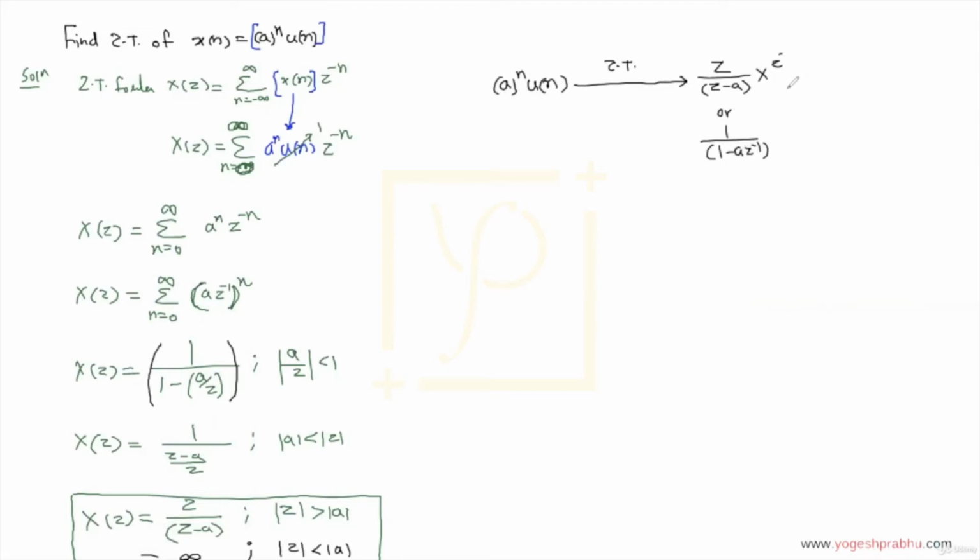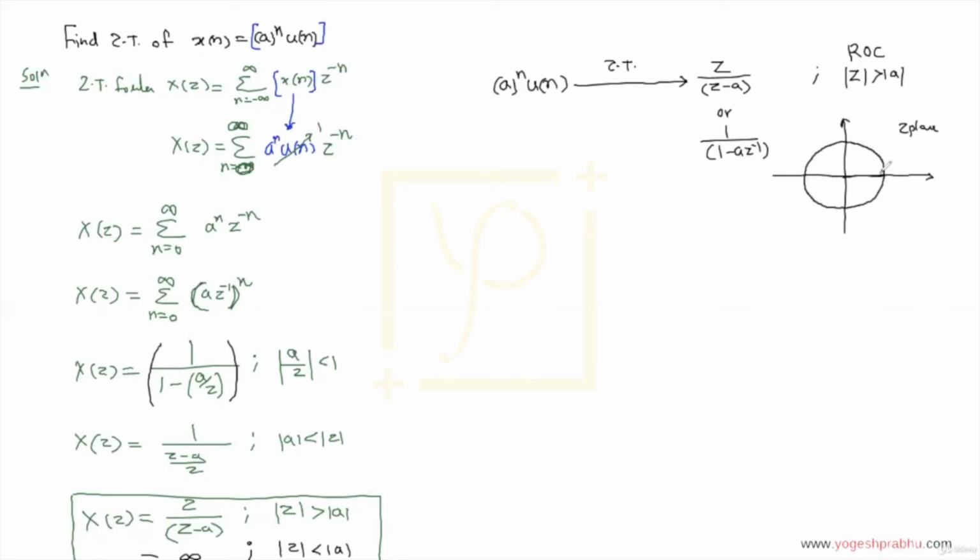Anyway, once we write down this as the answer, the z transform answer always comes with a region of convergence, or a condition. And the condition right now is mod z is greater than mod a. Now, I just want to write down this condition on the z plane. This is the z plane, and on the z plane, let's just say that there is a circle of radius a.